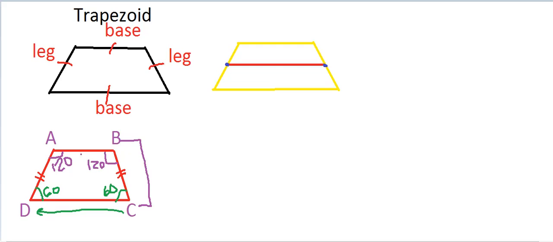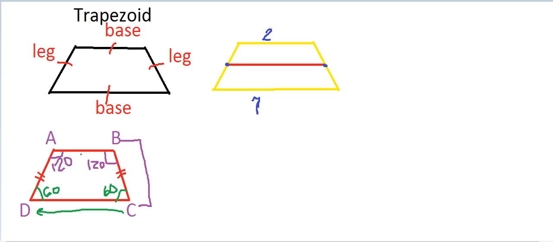So how are we going to find the measure of this red segment? Say for example, the base here is 2 units and this is 7.